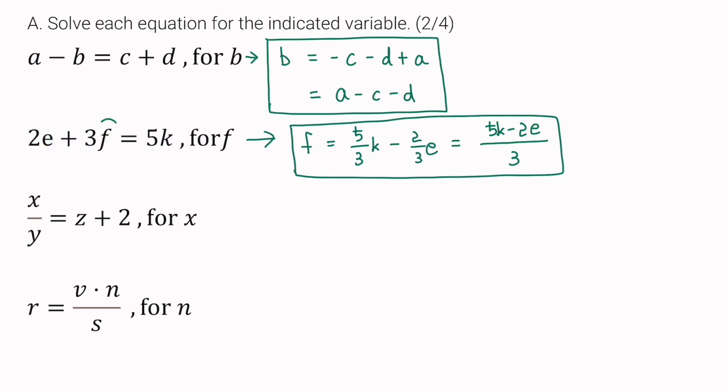Okay, moving on to the third question on this page. I have x over y is equal to z plus 2, and we are solving for the variable of x right here. So I'm going to rewrite this expression here. x over y is equal to z plus 2.